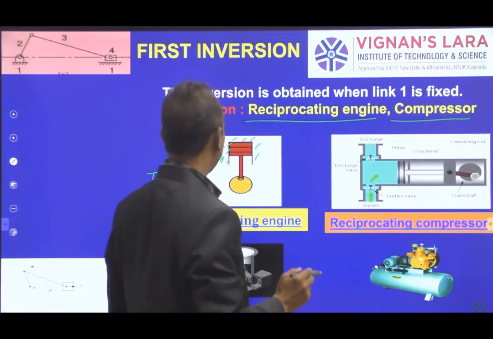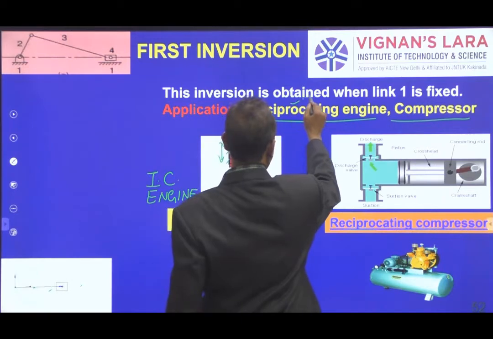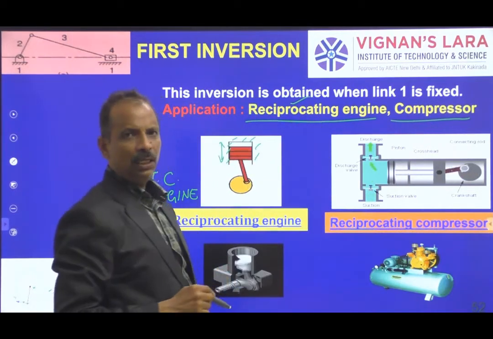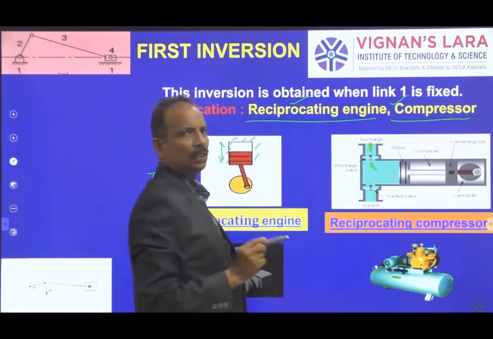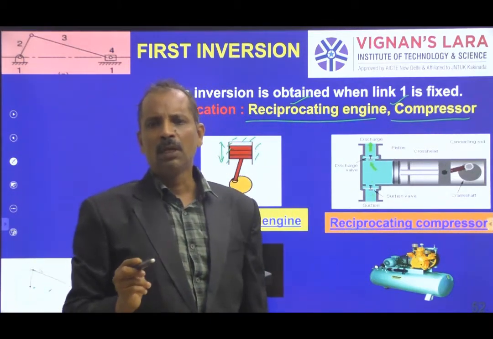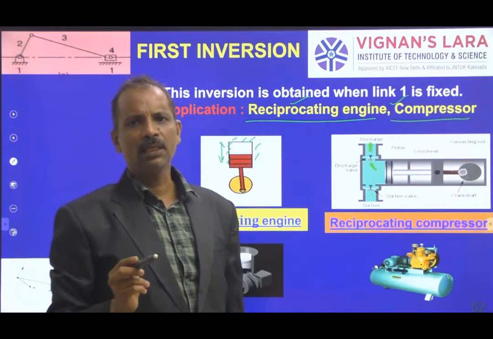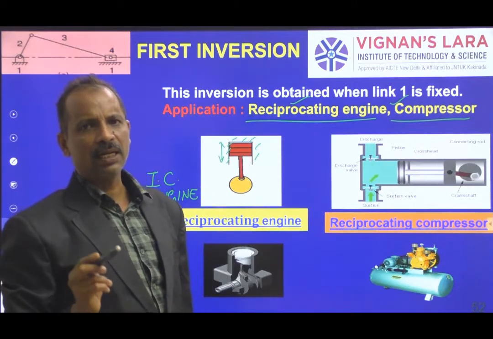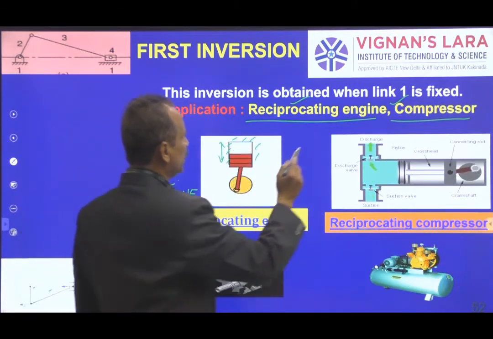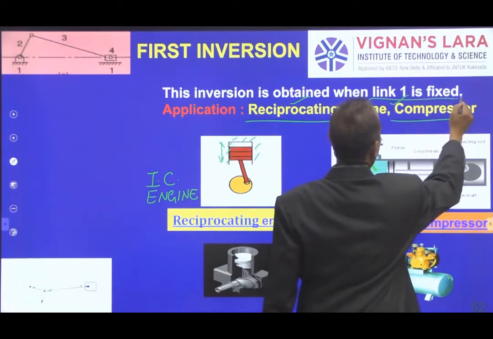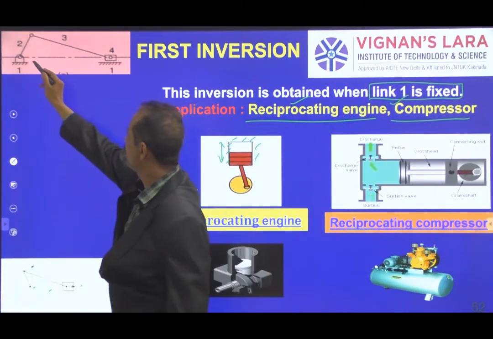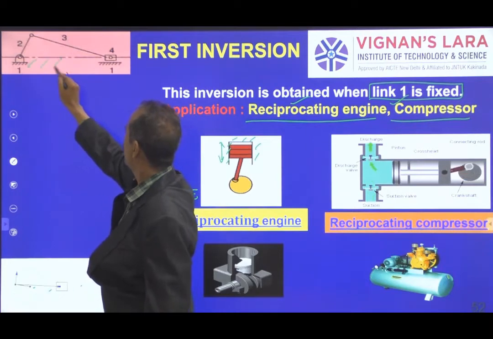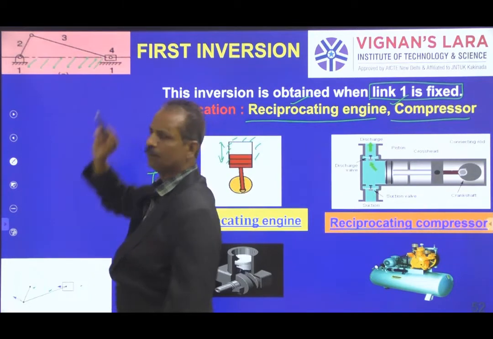So both a reciprocating engine like an IC engine and a reciprocating compressor use the single slider crank chain, a 4-bar chain, by fixing link 1. Link 1 is fixed in this basic mechanism.